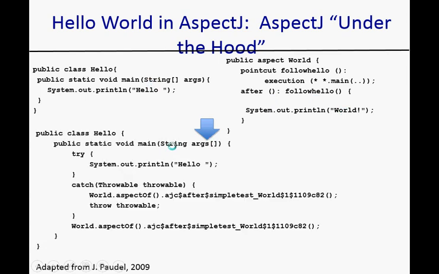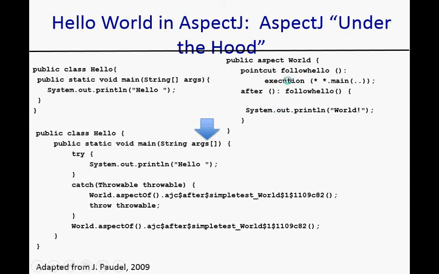Okay. Now, what's going on here beneath the covers for AspectJ, the Java-based implementation of aspects, is we have some code put into place, ladies and gentlemen, where we're going to have the original code, but where we're then going to call this aspect here.